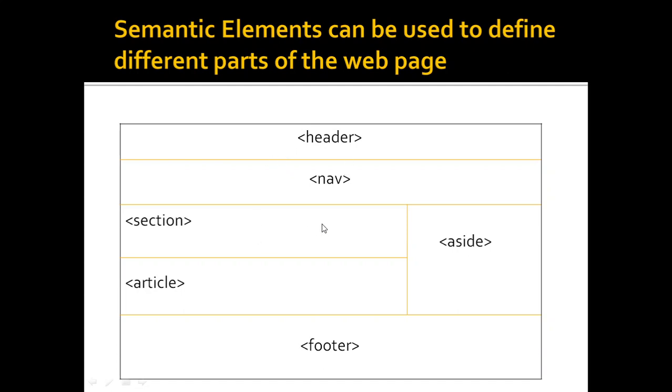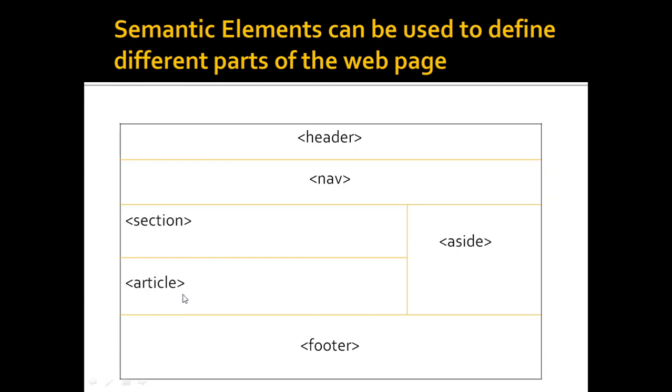As you can view over here, the header tag will include the text which should be displayed normally at the top of the section or document, which will generally contain the headings or the titles. The NAV tag is going to display the list of navigation links available in our website. Next is the section. We can divide the web contents into different sections. We can have multiple sections in our web page.